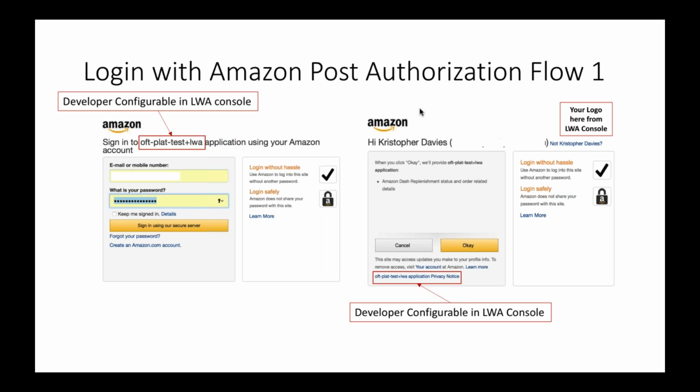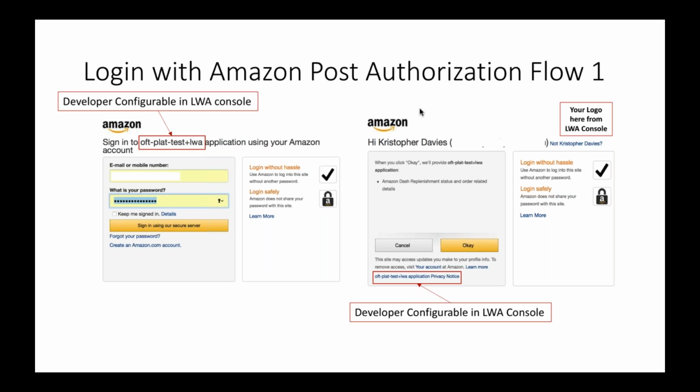This is the application name from the LWA configuration, or the LWA security profile on developer.amazon.com. So you specify the name of your application in the LWA security profile, and we pull that across into the web view. So the customer logs in with their credentials here in the two yellow boxes, and they click sign in using the secure server, and they receive a consent notification.